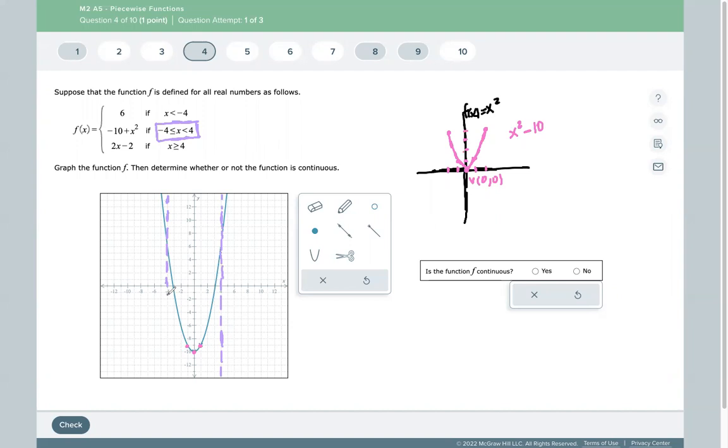Within those boundaries, the way the graph behaves is based on the expression -10 plus x squared. Everything going from -4 all the way to 4 is based on -10 plus x squared.